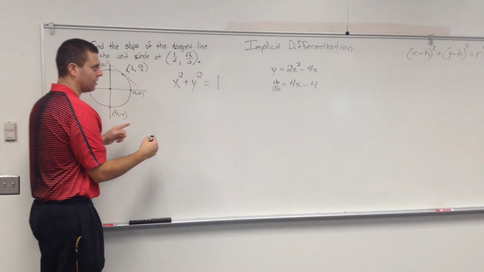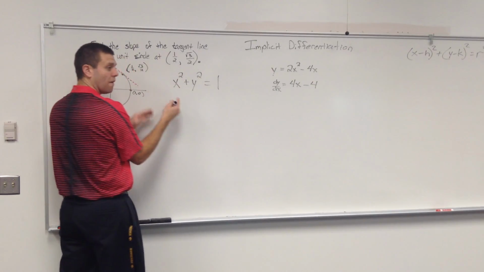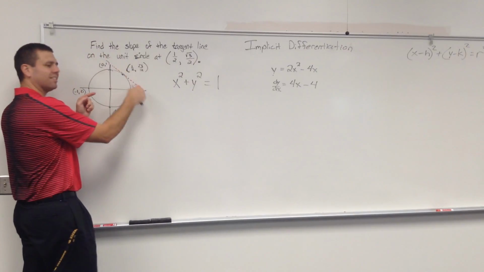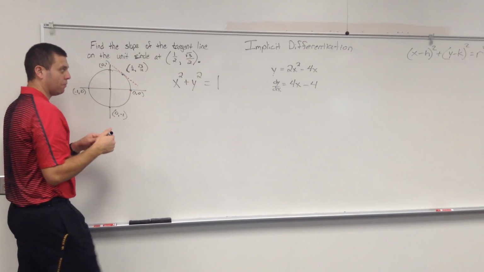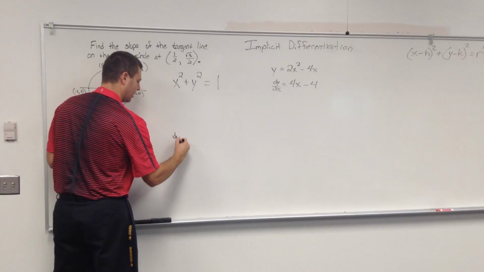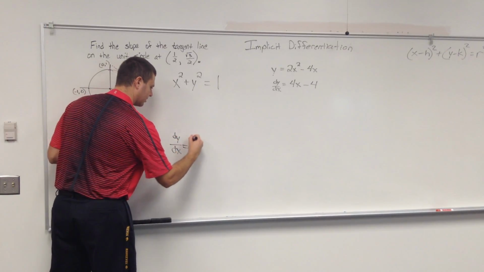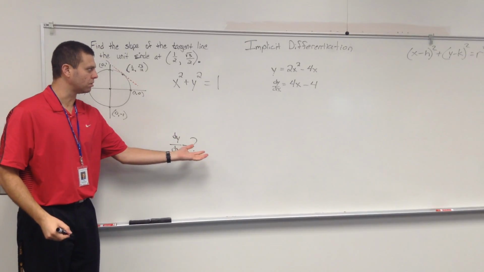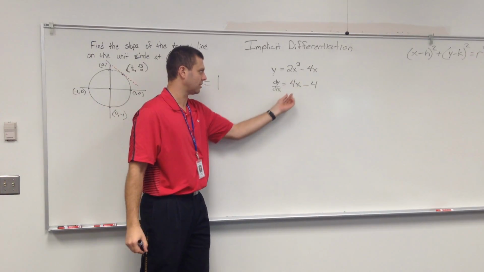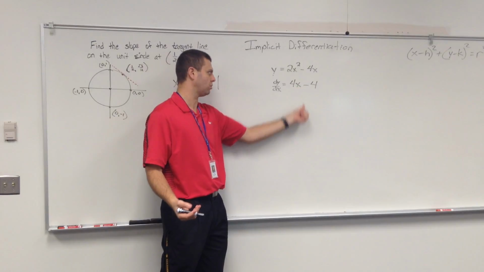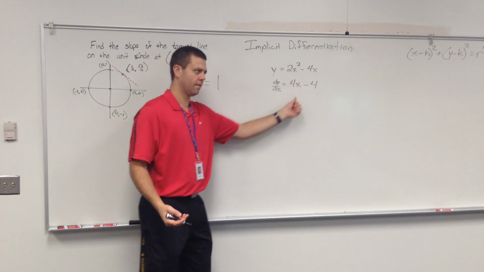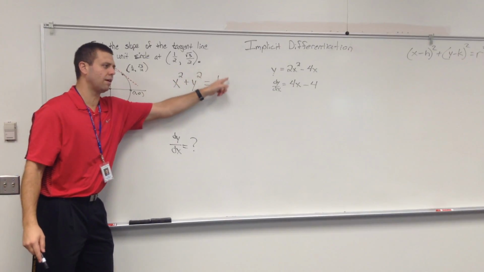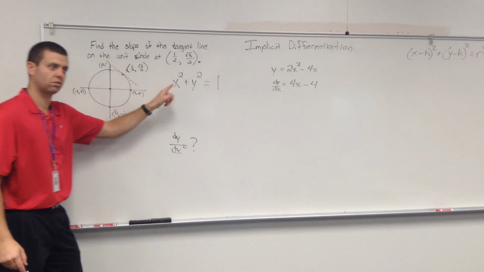So, coming back here, if I'm going to find the derivative of this function in order to find my instantaneous slope, I want to know, what does dy dx equal? Because once I know what dy dx is equal to, like I did over here, if I said, what's the slope when x is 7, you just plug it in, right? So my job is to find what dy dx is equal to. So let's do the derivative of this with respect to x.